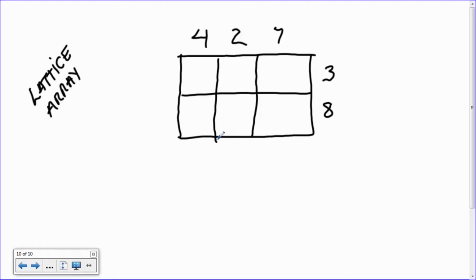It could be written along the side here. So over here I put the multiplier, 38, and up here I put the multiplicand, 427. But I could put the 38 up there and put the 427 along the side. Doesn't make any difference how I do it, but I've chosen to put the multiplier on the right-hand side.